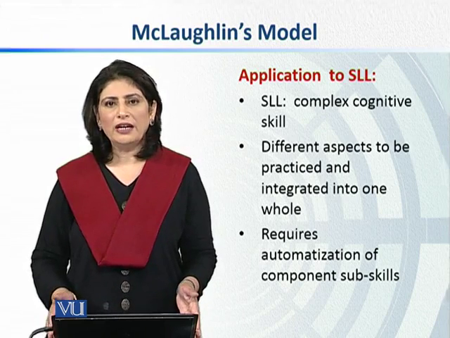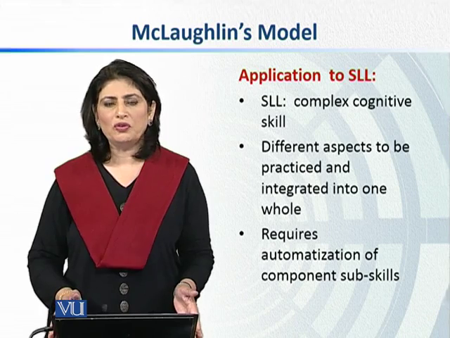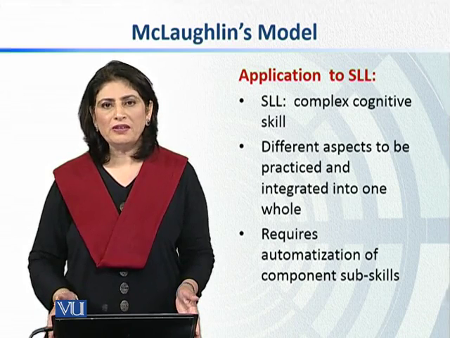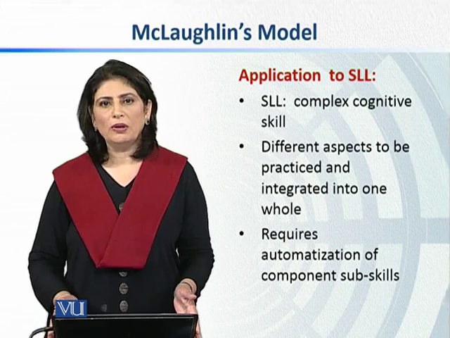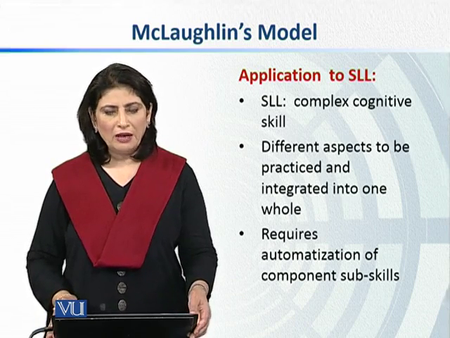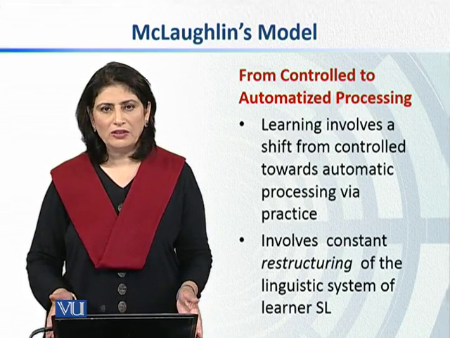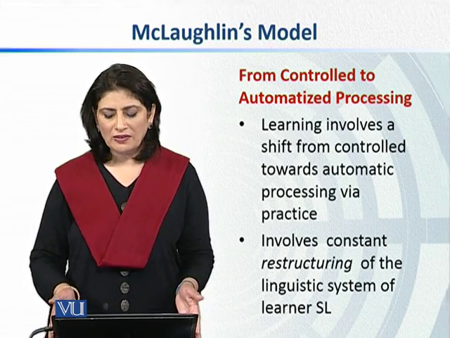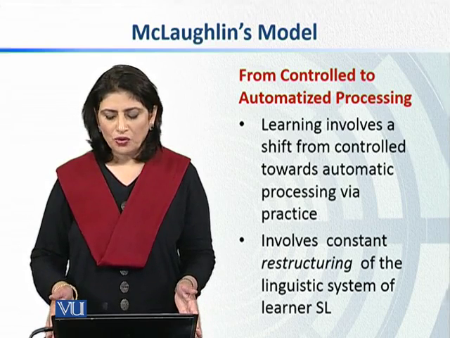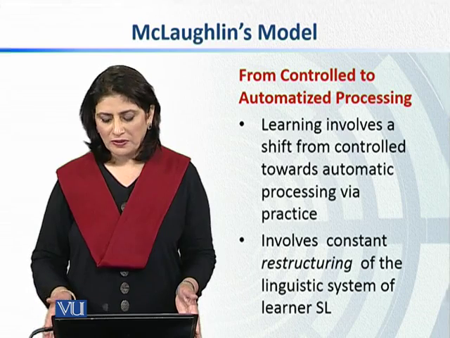Automation means that one subskill has been learned so much that it is almost automatically accessed by the mind, and it frees up your working memory, and only then can you learn the other skill and move on gradually as you acquire more skill to learn the language. So the whole language learning process is actually moving from controlled to automatized processing.